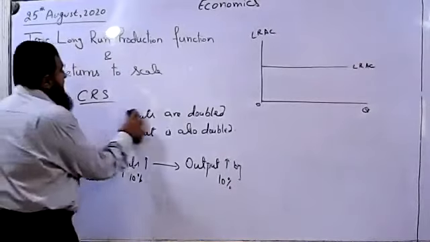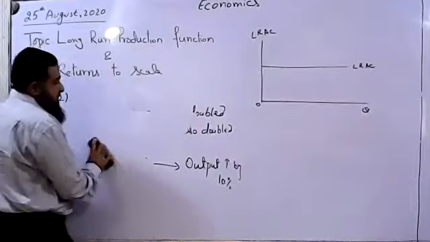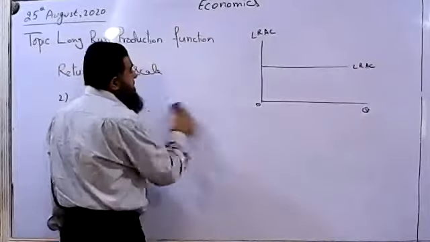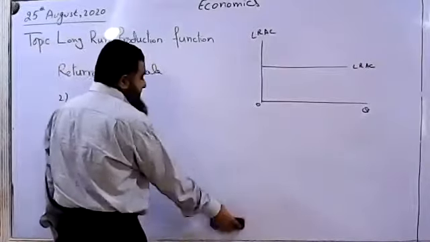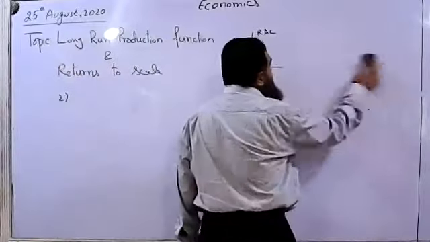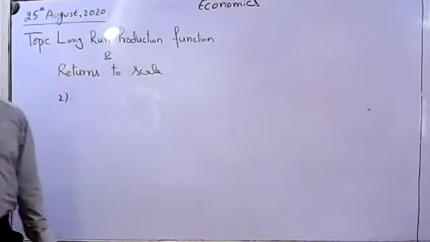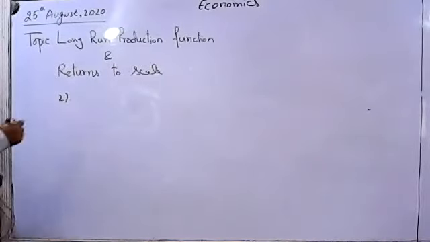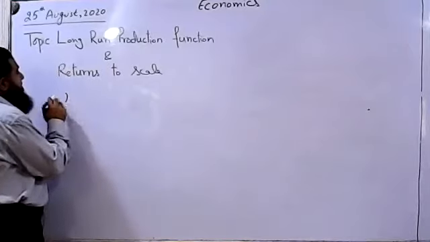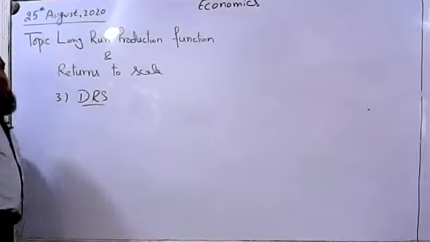So when we talk about the last form of long run production, that is called increasing returns to scale, decreasing returns to scale. Decreasing returns to scale means what? The third level is called decreasing returns to scale.